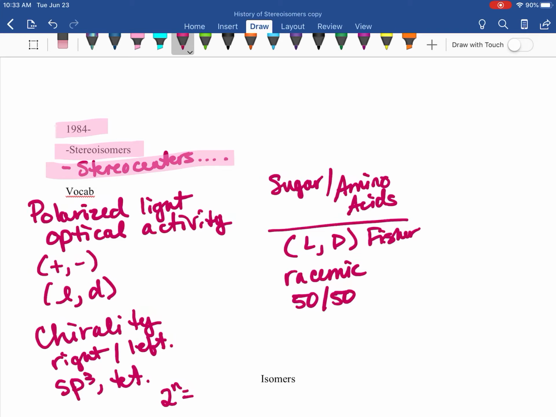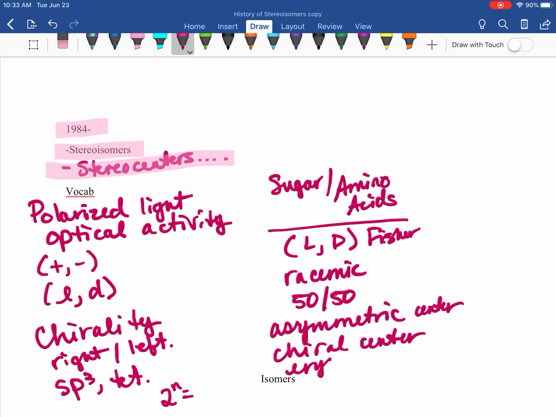And then because of those terms from van 't Hoff and asymmetry, and then leading into Kelvin and chirality, there's a whole lot of vocab calling things an asymmetric center or asymmetry or a chiral center. All of these are going to end up meaning the same thing.